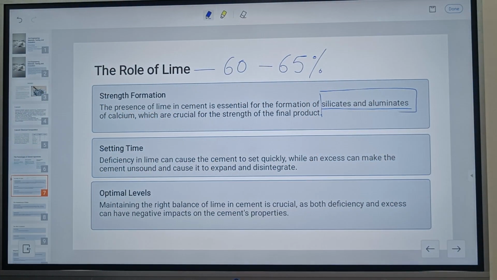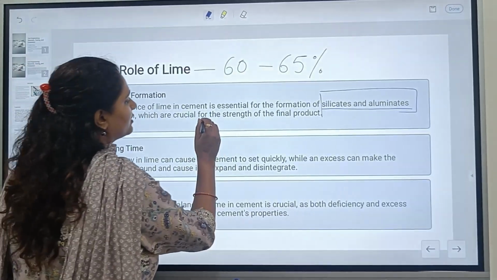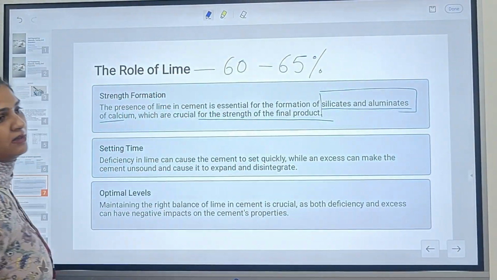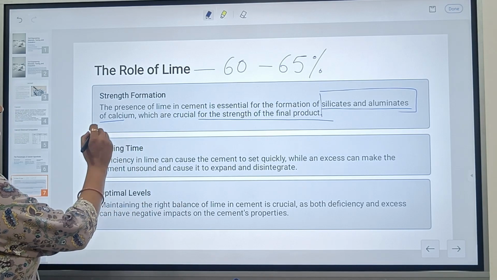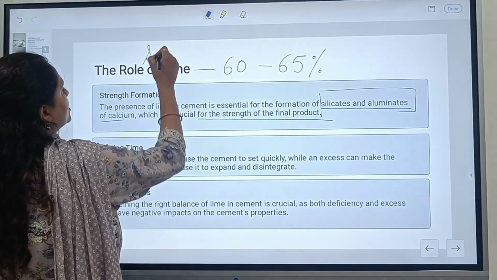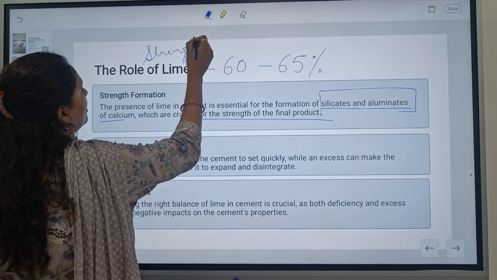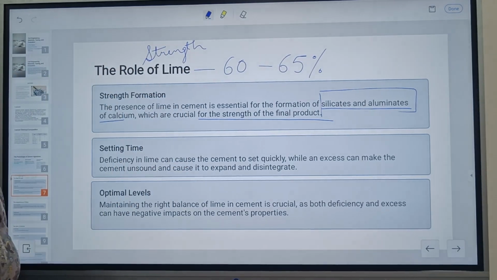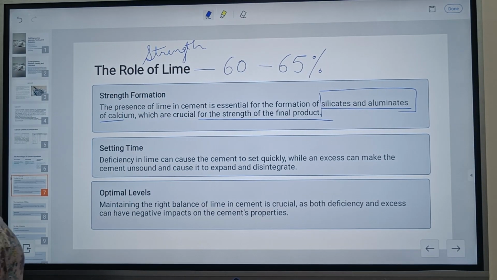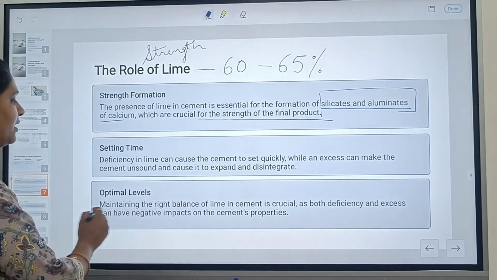Silicates and aluminates of calcium are crucial for the strength of the final product. So that is the main thing which provides strength to the structure. It also affects the setting time.